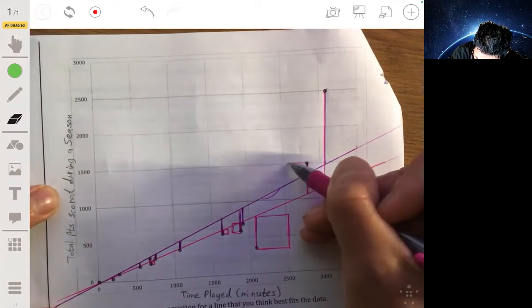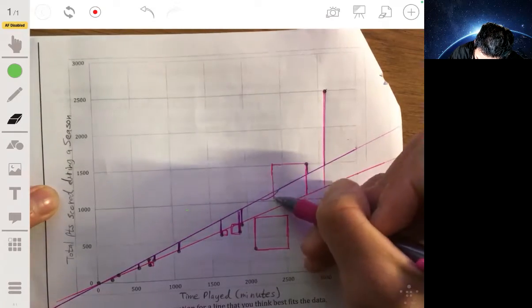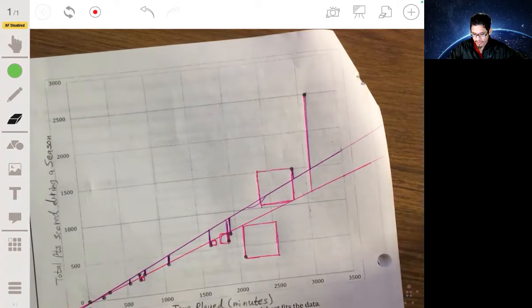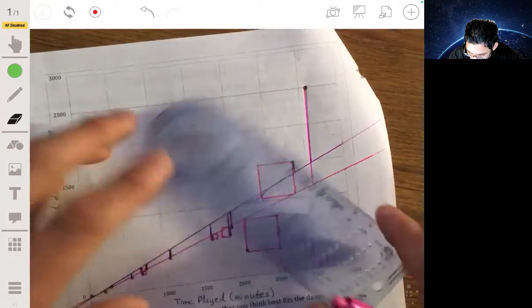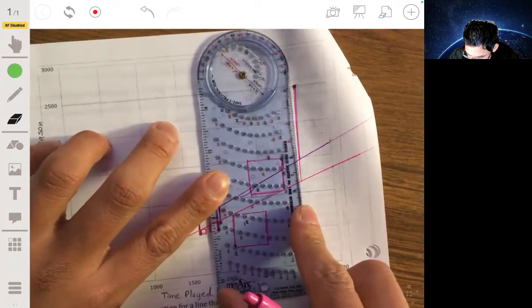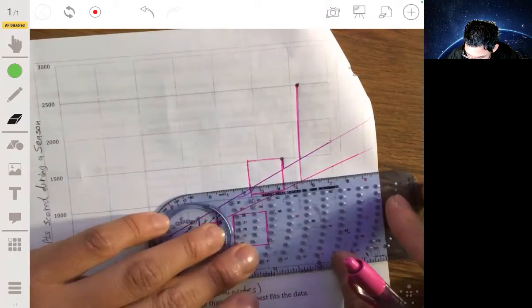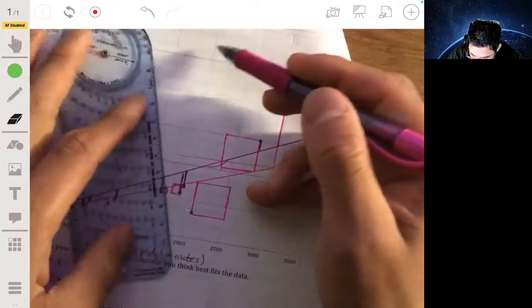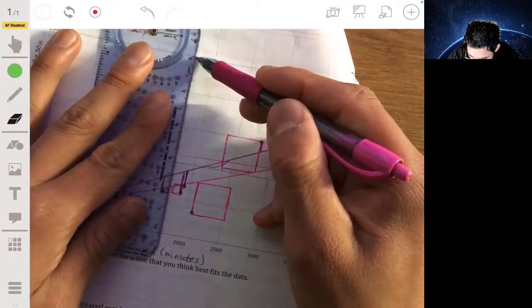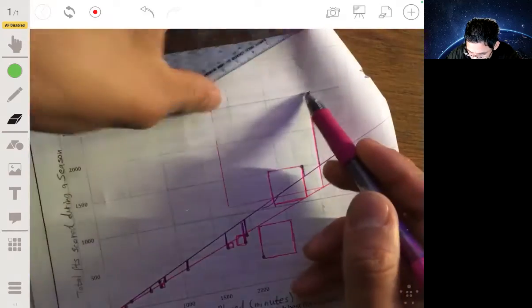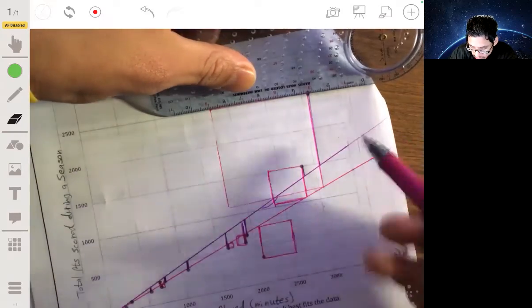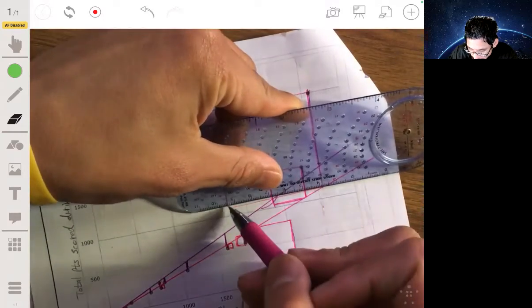Another one will be over here, let's say. And this bigger one, we used a ruler to make it more clear. It's like a full 5.5 centimeters. Not a perfect square, but I don't want to spend too much time on the artwork, I just want to get the idea across.